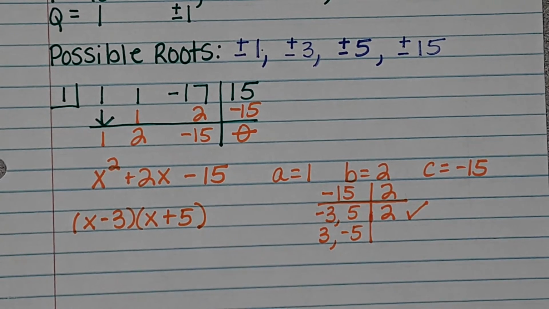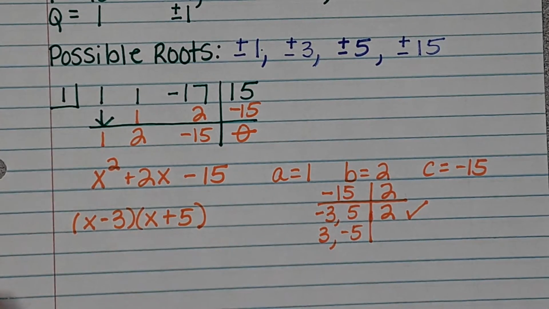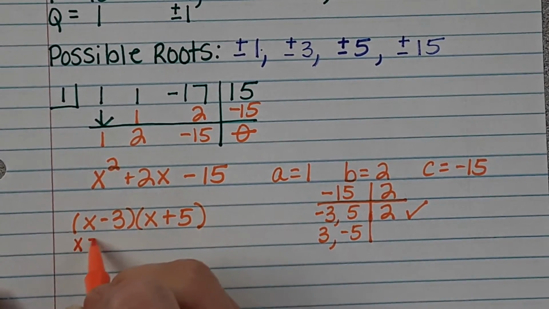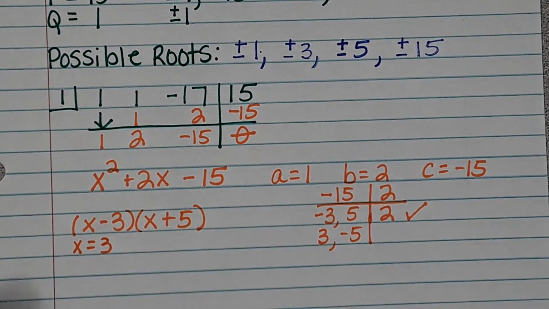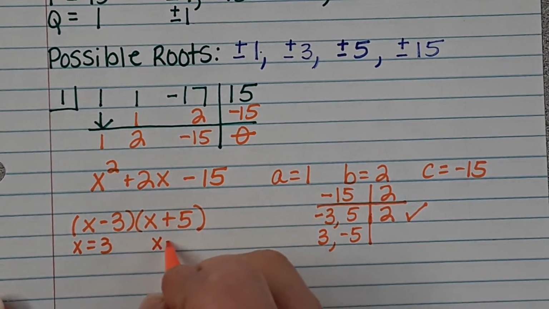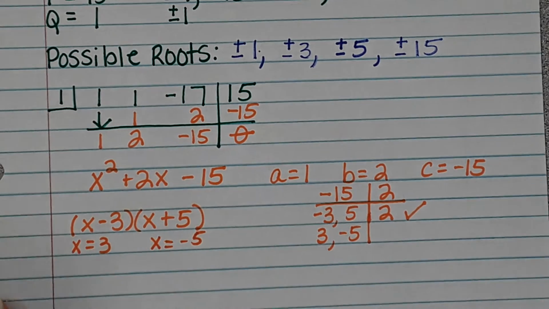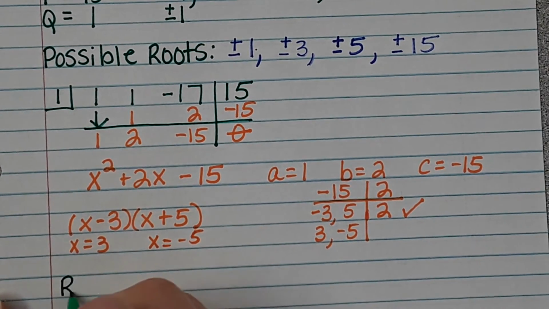Are those factors or roots? These right here. They are factors because they're still in parentheses. So we need to find the roots. So what is the root of x minus 3? Positive 3. What is the root of x plus 5? Okay, so that means our rational roots, it says find all the rational roots.